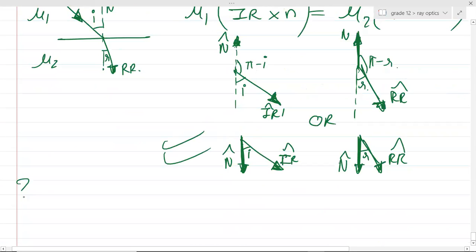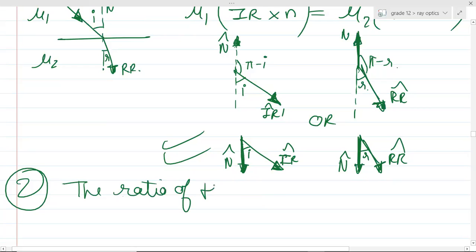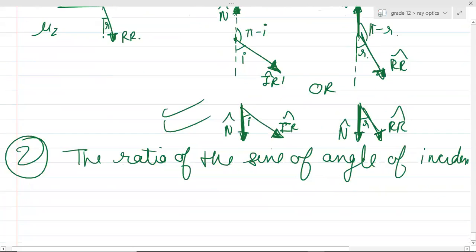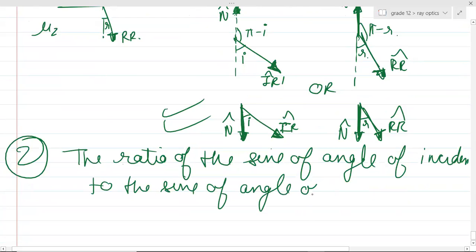You can take anyone. The second thing is the ratio of the sine of angle of incidence to the sine of angle of refraction is a constant.